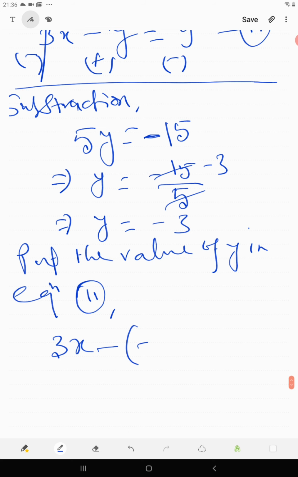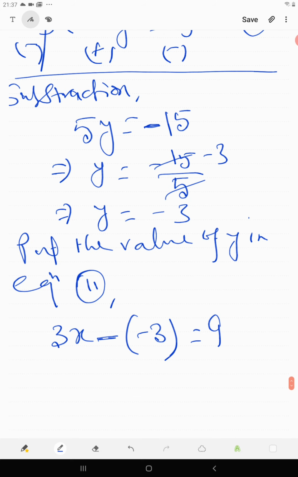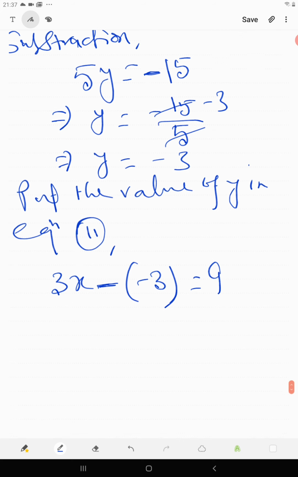So y is minus 3 for me, equals 9. Now the y value is negative, y equals minus 3. That's why I took it, so two negative signs I can't write together. If it is plus, it's fine, plus plus you can write as plus. But if it is negative, you have to write it in brackets. So 3x minus of minus 3 equals 9.